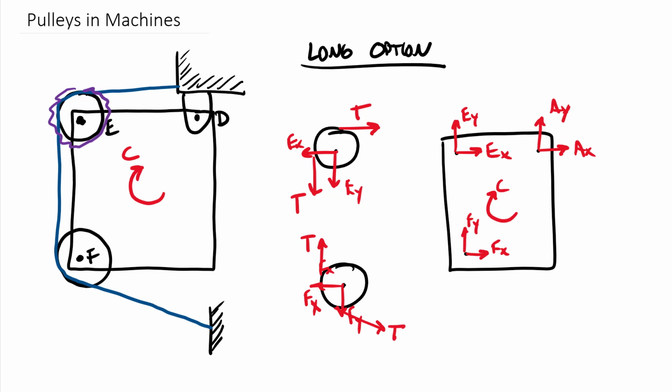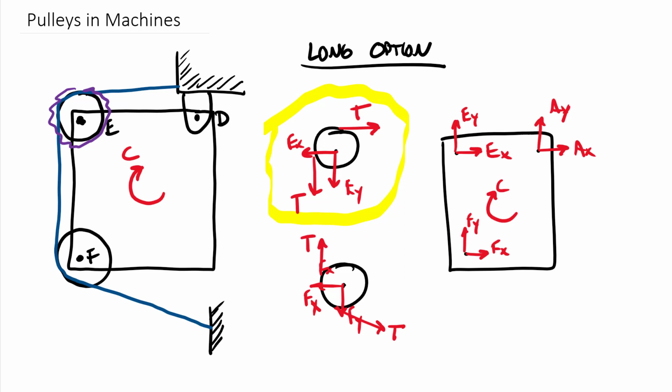T. Okay, so I have these three separate free body diagrams, a whole bunch of unknowns. But one thing you can notice, especially if we zoom into the free body diagram up here at the pulley at E, is that if I sum my forces in the X and I sum my forces in the Y, I'm fundamentally going to find that the tension forces applied are going to be exactly equal to those pin force components.